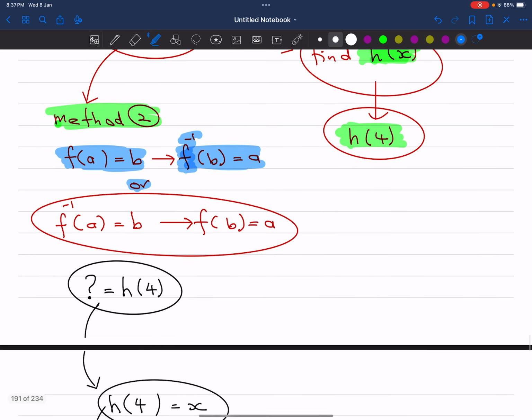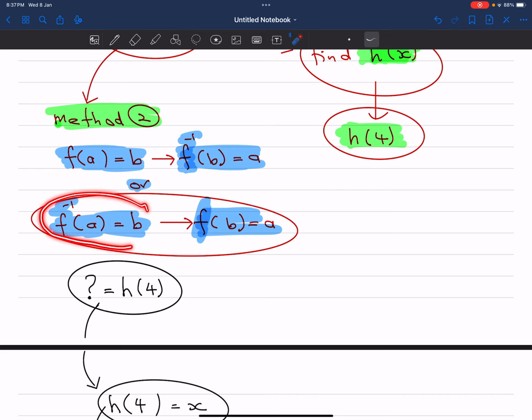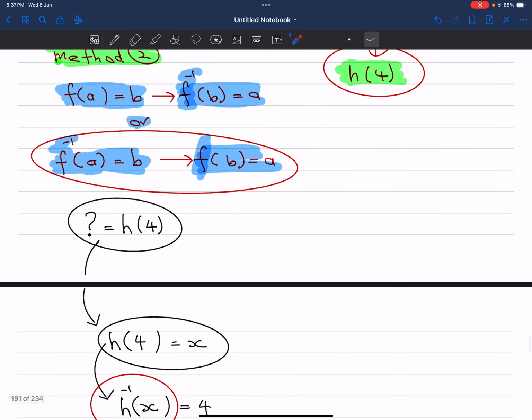Or if I'm given f inverse a equals b, if I exchange the object and image, the image goes inside and becomes object, the object goes out and becomes image. The inverse will become a function, which means f inverse a equals b can change to f(b) equals a. Now this is what I'm going to use.